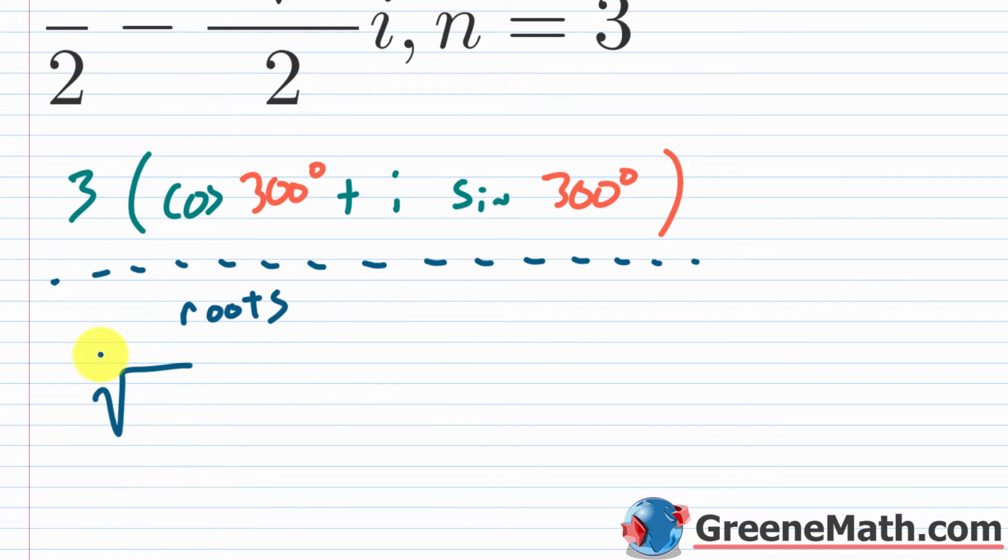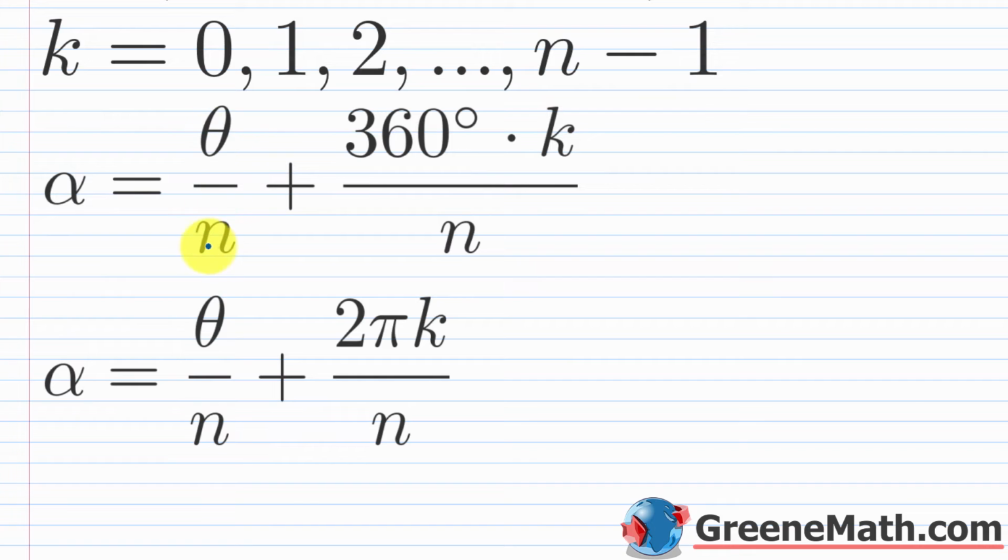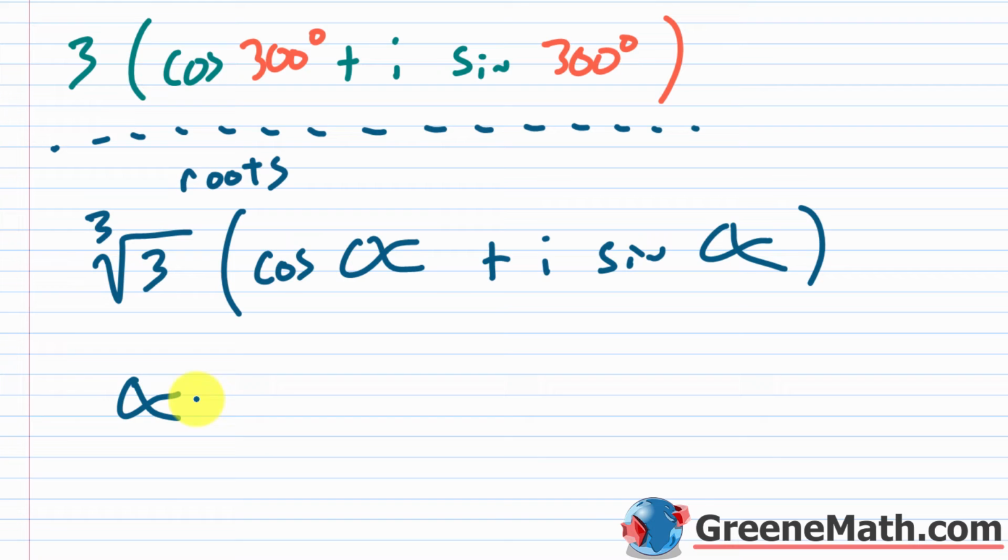We're going to have the cube root of 3, and then times the quantity, the cosine of, again, this alpha, plus i times the sine of this alpha. Now, again, to get alpha, we want theta divided by n. Theta is 300 degrees in this case, and n is going to be 3. So 300 degrees divided by 3 would be 100 degrees. So let me put that alpha is going to be equal to 100 degrees.